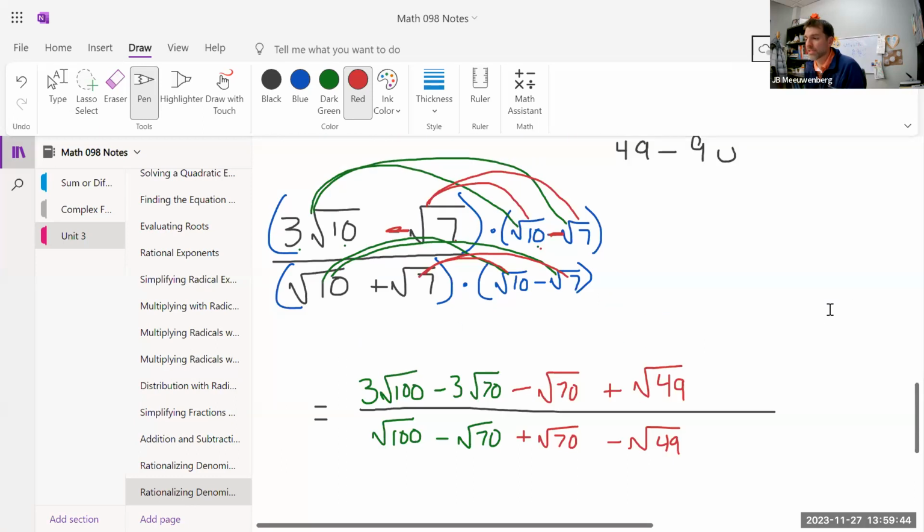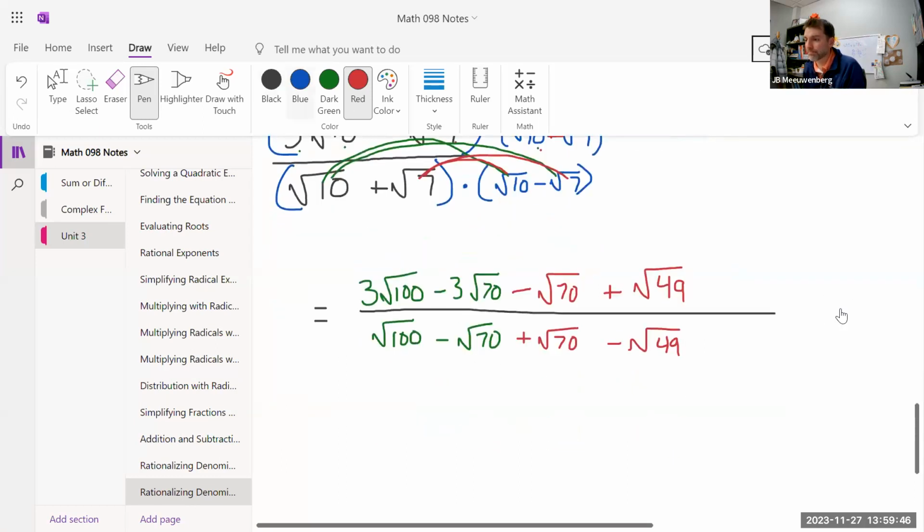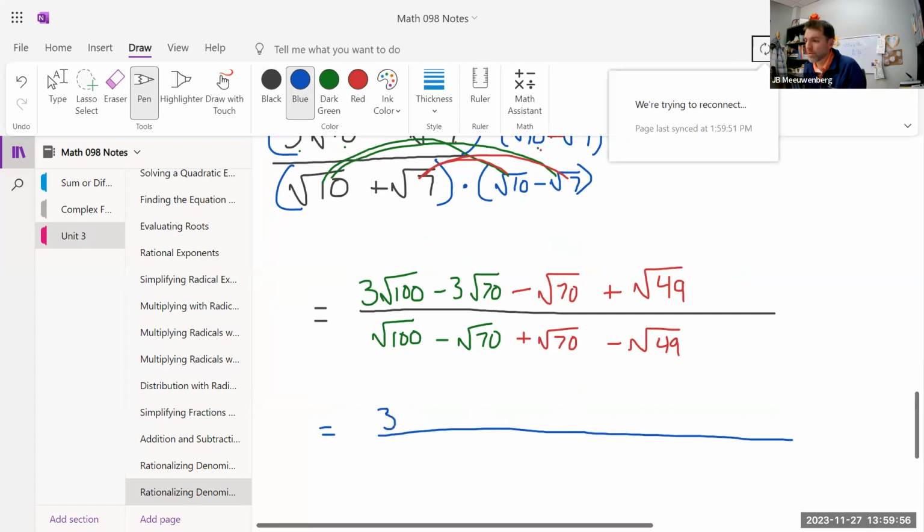So let's see how this simplifies. Equals one big fraction bar. Let's go all the way across the top here, simplify everything we possibly can. So 3 radical 100. Well, radical 100 is 10. The square root of 100 is 10. So this becomes 3 times 10, minus 3 radical 70. Look what we have here.